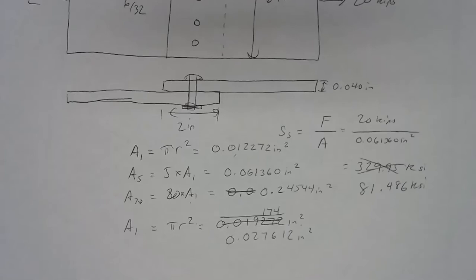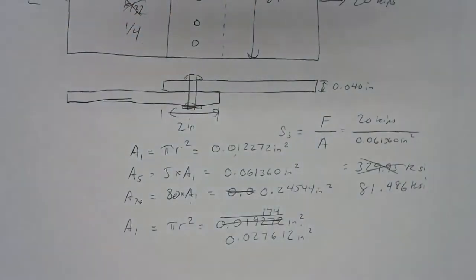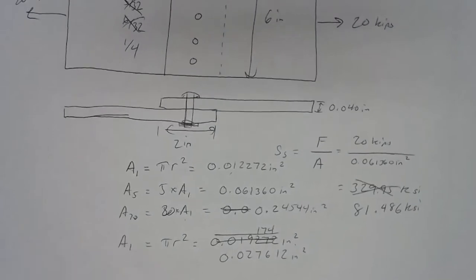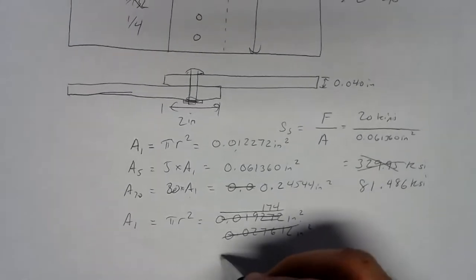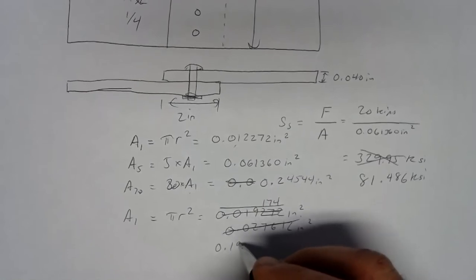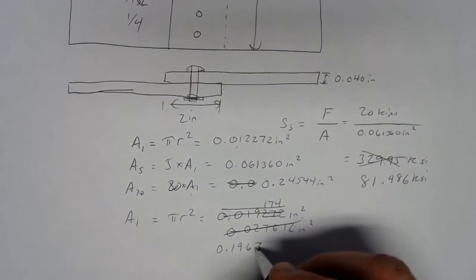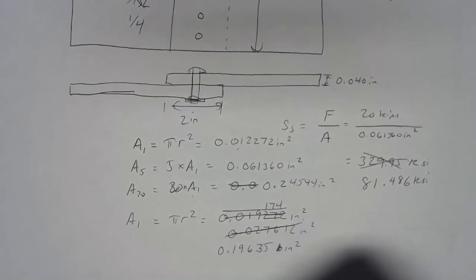So maybe we need, let's go full on to a quarter inch diameter rivets. Haul out the big guns and the big rivet sets. And we'll do 1/4 inch diameter rivets. Well, the area for one 1/4 inch diameter rivet is 0.19635 square inches.